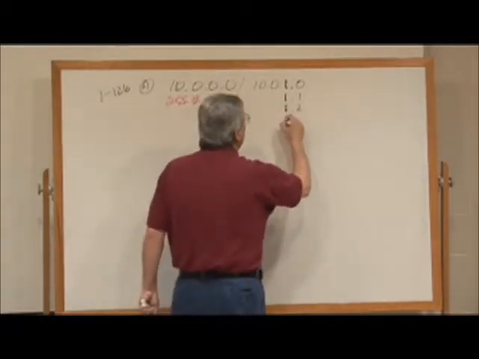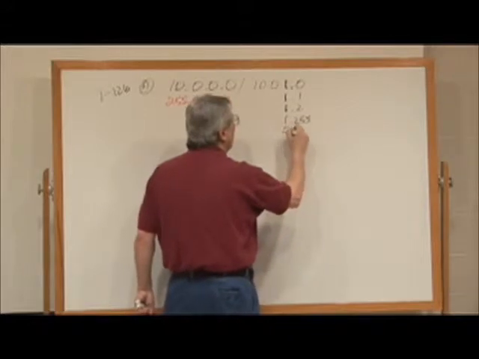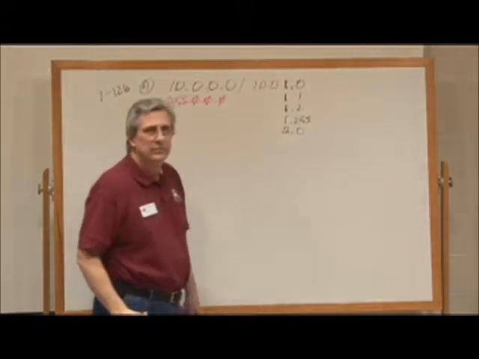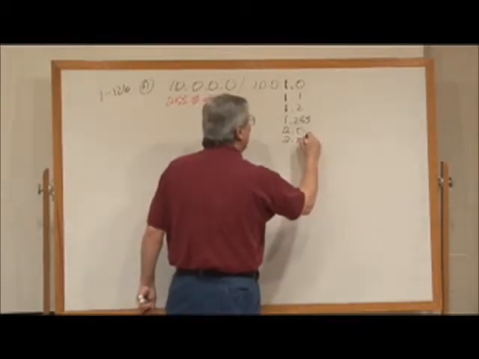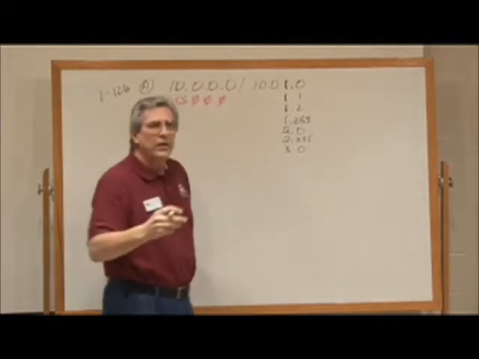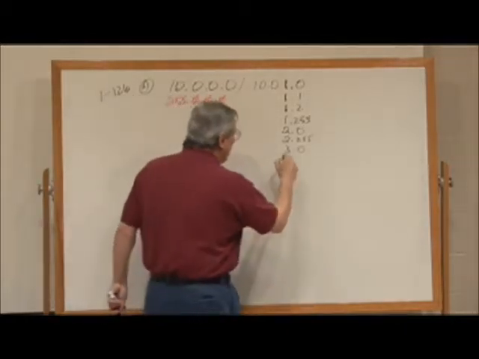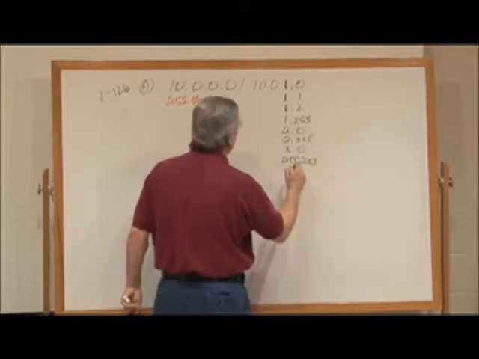What do I do when I get to 1.255? You go to 2.0. And what do I do when I get to 2.255? I go to 3.0. What do I do when I get to 255.255?